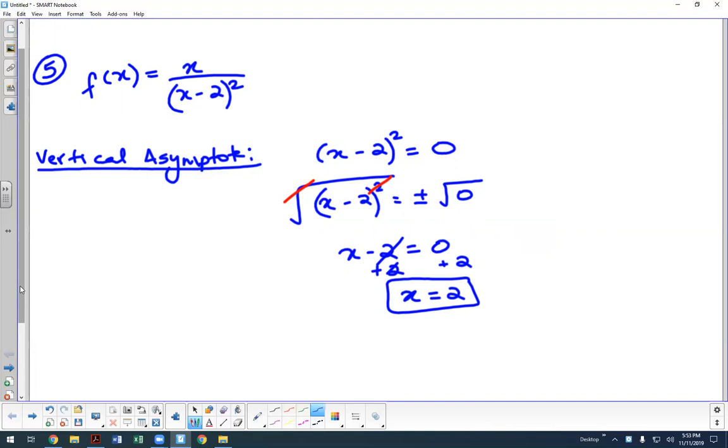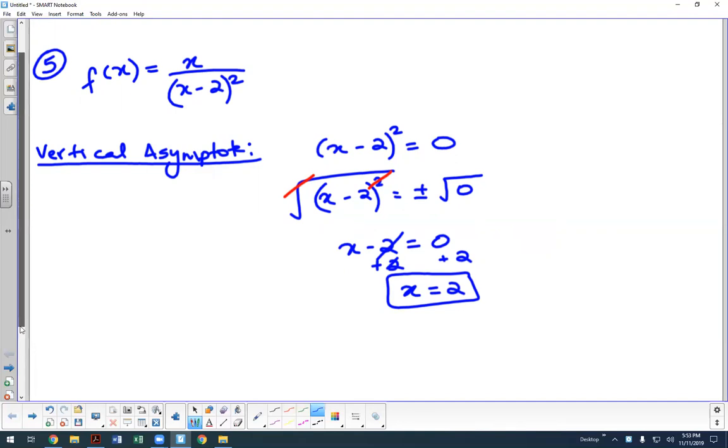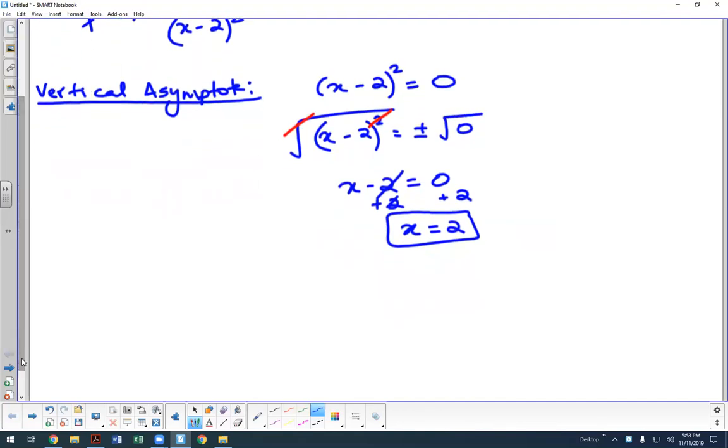The only time we have an oblique asymptote is when the degree of the x value in the numerator is larger than the degree of the x value in the denominator, which is of course not the case in here. So for this example, the horizontal asymptote.